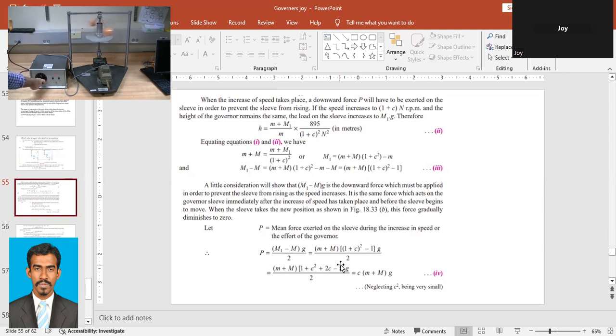When you solve this, we have plus 1 and minus 1, which will be cancelled out. And c square, we will neglect this term from here onwards. Why? Because it is so small. We know this is a fractional change in the speed.